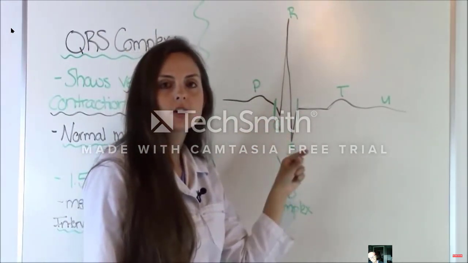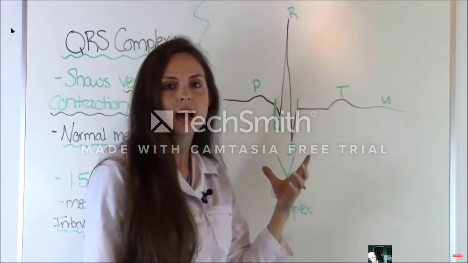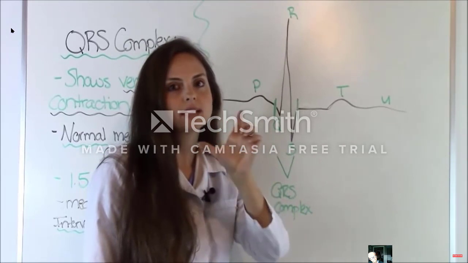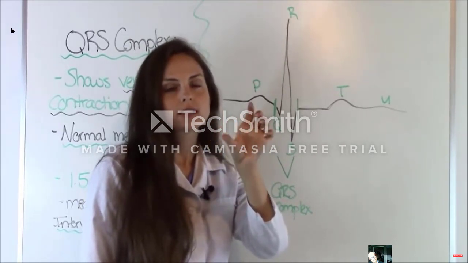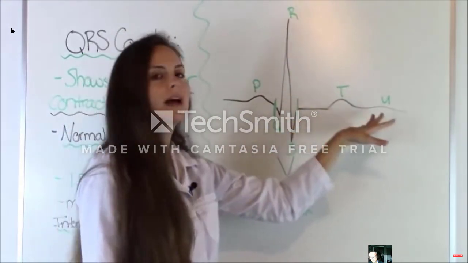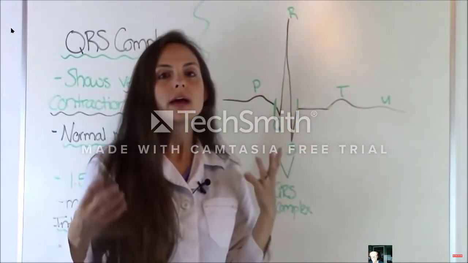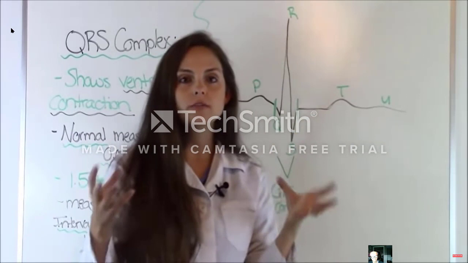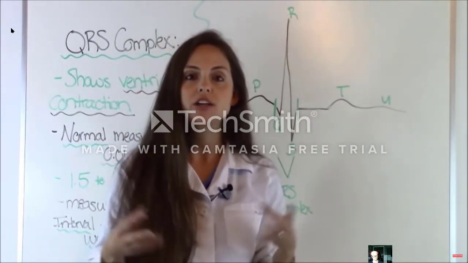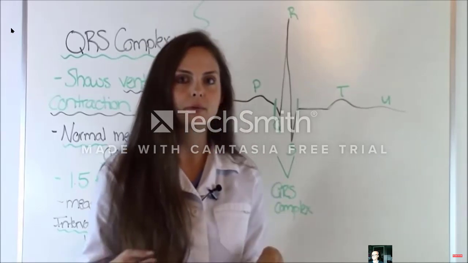In a lot of tachycardias, except for VTAC, you will have a narrow complex. But in VTAC, if you look at your QRS complex, it's really wide. And then you have your T wave and sometimes a U wave. So here in a second, I'm going to show you a blown up version of an EKG strip, and we're going to actually together measure out a QRS complex so you'll be familiar with it.